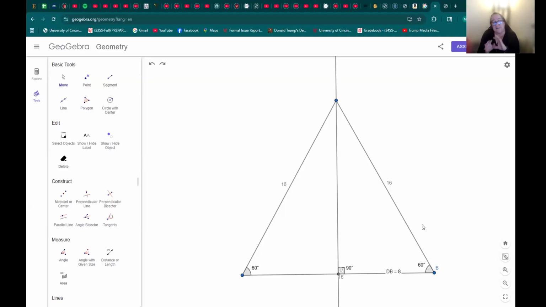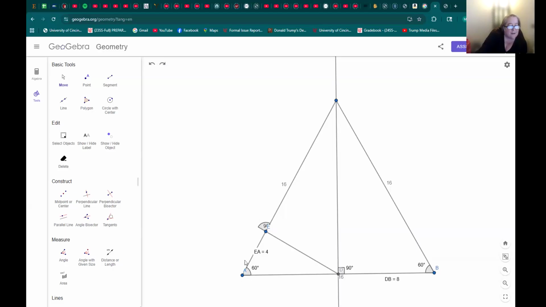Now, the 30, 60, 90s are even more interesting as we go with that. So if I take one of the small triangles and I draw a perpendicular to the hypotenuse from the 90-degree angle, I'm going to make a perpendicular. And when I look at the measurements there, it's 90 degrees. It took me a little bit to get there.